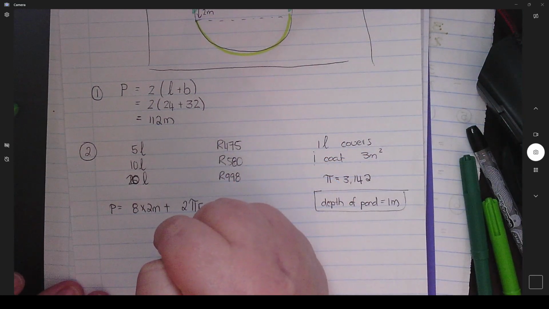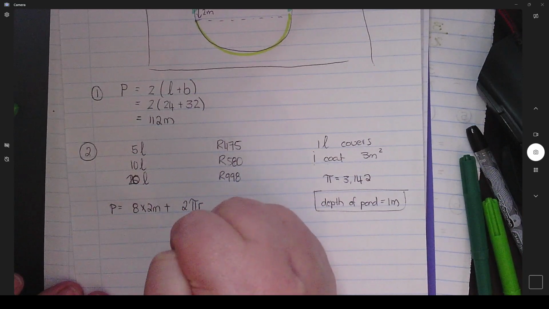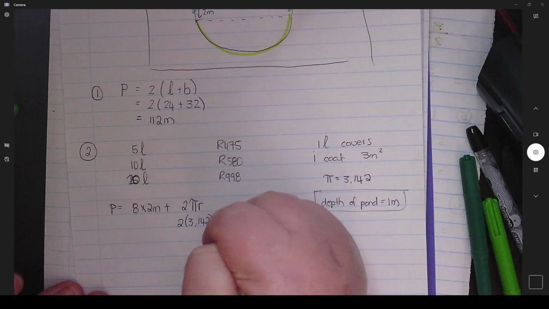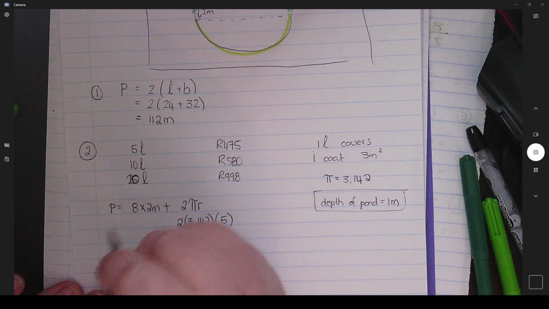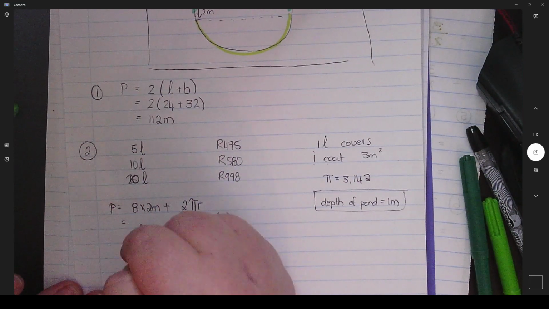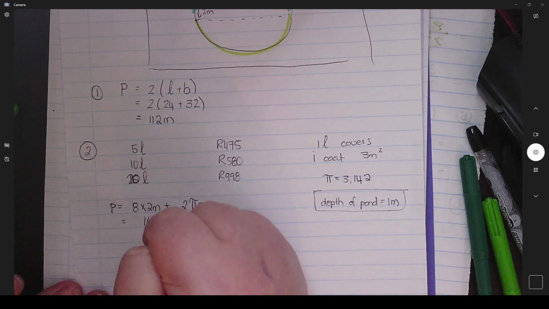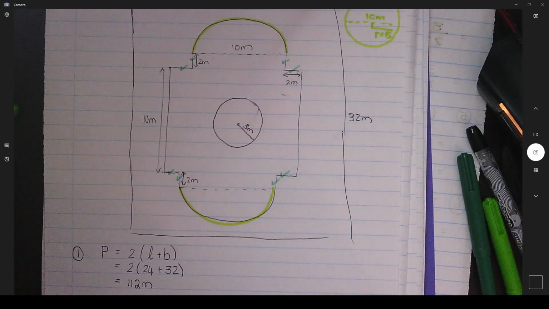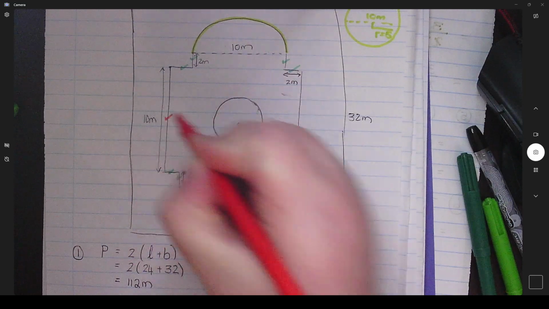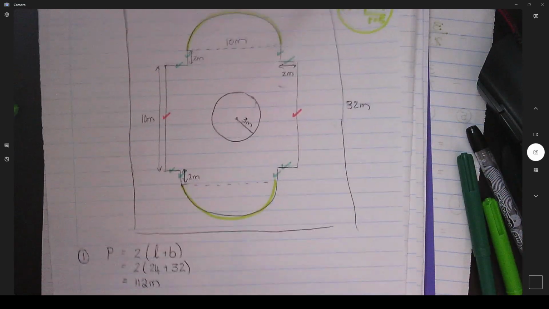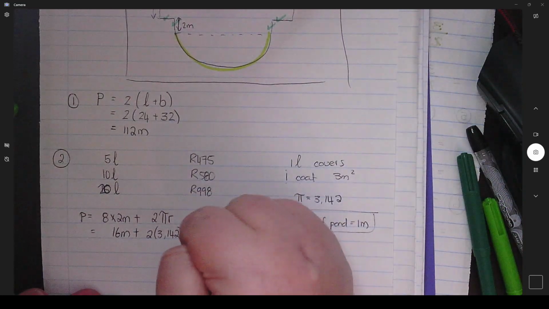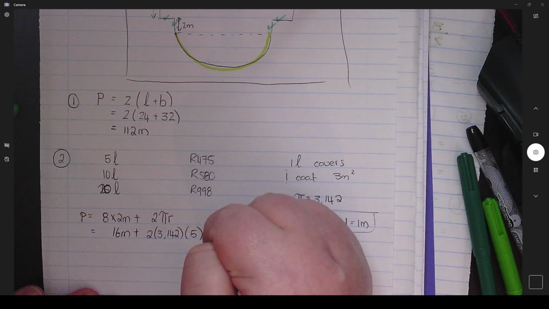We are going to substitute that with 2 times 3,142 multiplied by the radius, which is 5. 8 times 2 is 16 meters. The last thing I want to do is get these walls. They tell us it's 10 meters and 10 meters. So there are 2 sections that are 10 meters. 2 times 10 meters.